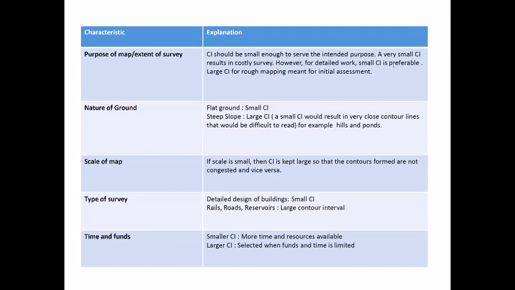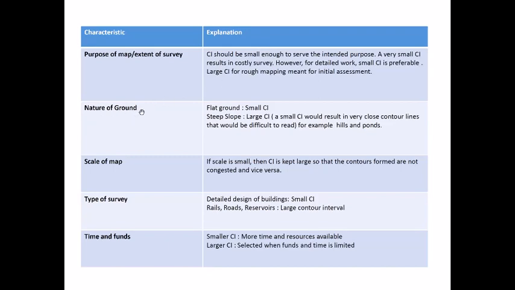If you choose a small contour interval, you would be leaving out very little information for the land, and a large contour interval is for rough mapping meant for initial assessment. So for a reconnaissance survey, for initial assessment, a large contour interval should suffice, but for detailed calculations such as finding out the volume of a valley, you need detailed work.